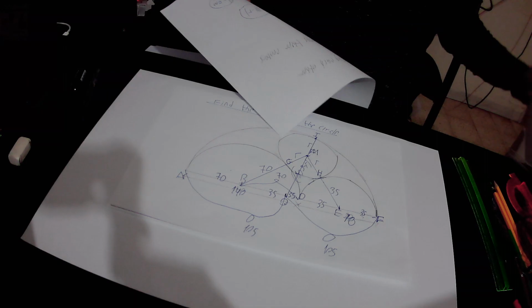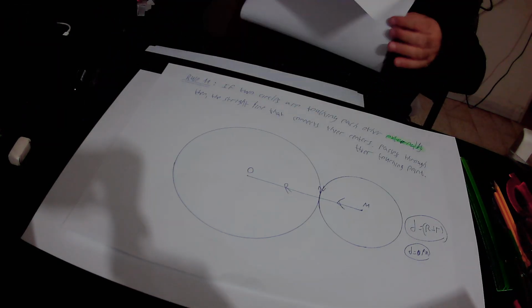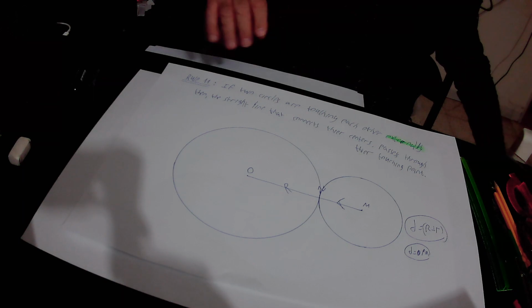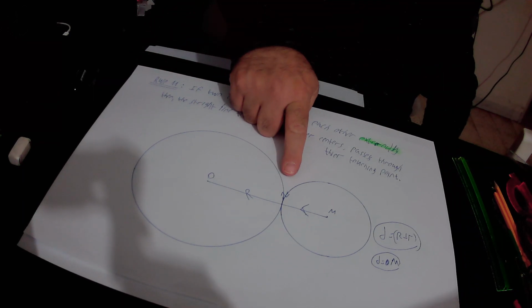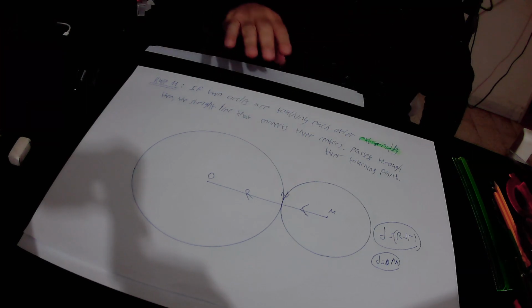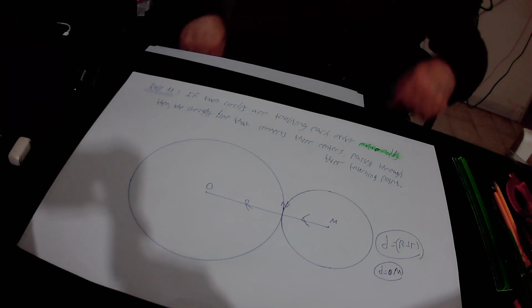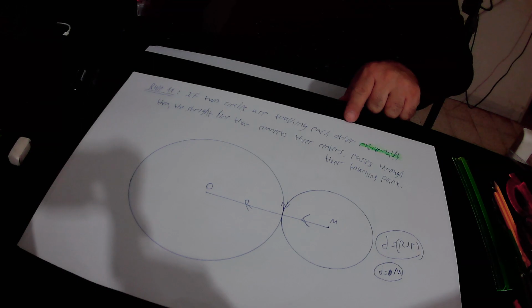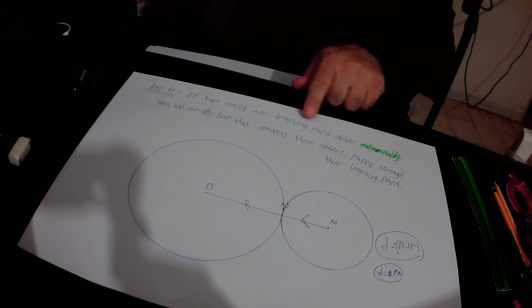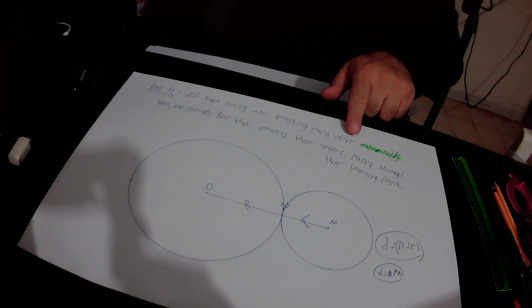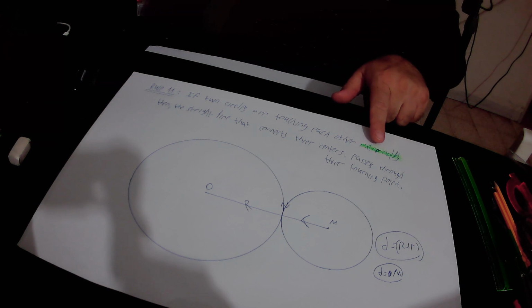And if we have two circles that have an external tangency between them, that is to say they are touching each other externally, like in this drawing, those two circles are touching each other externally at point N. So if two circles are touching each other externally, then the straight line that connects their centers together passes through their touching point.